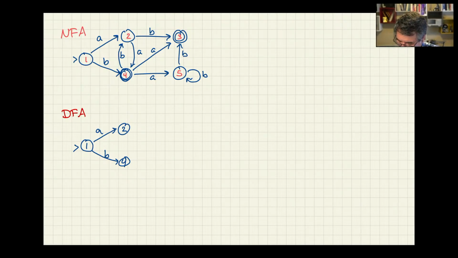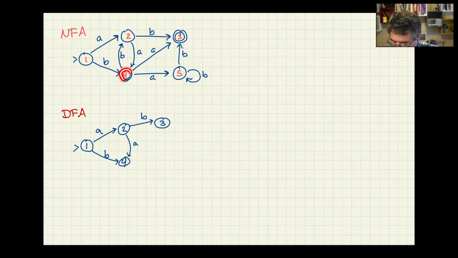Okay, so if we're in room number 2, what do we see coming out of there? We see a B and we see an A. B goes to 3 and A goes to 4. So far, so good.